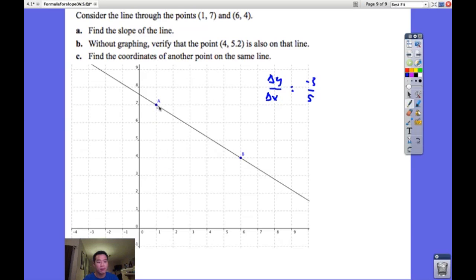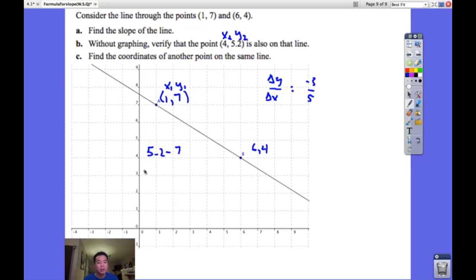So what I know is my first point right here is 1, 7, and this is 6, 4. I'm going to go ahead and just use this first one. Again, this is x sub 1, y sub 1. I'm going to go here and say this is x sub 2, y sub 2. So y sub 2 is 5.2 minus 7.